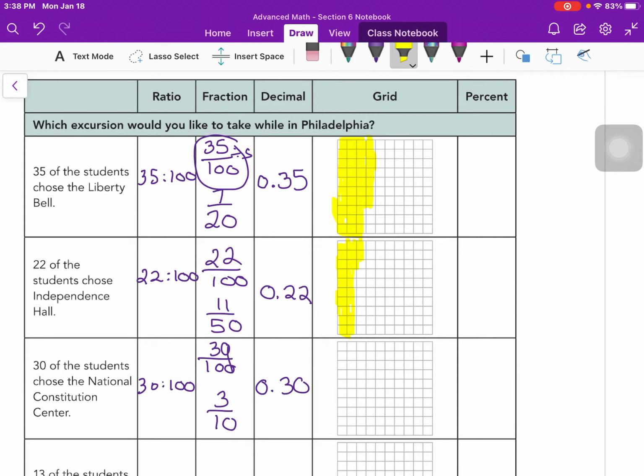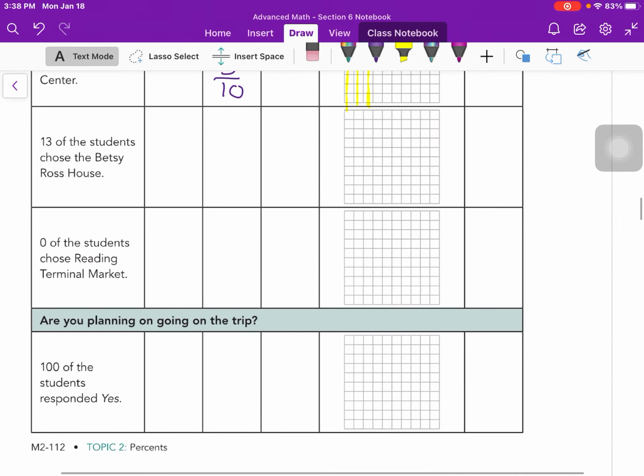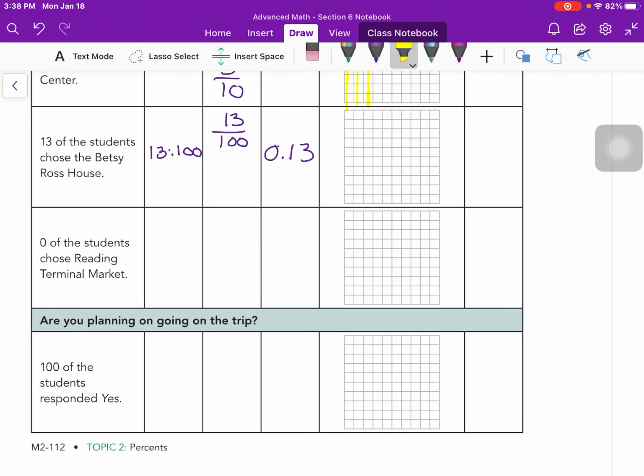And then again, to do 30, I'm going to do 3 columns. 13 of the students chose Betsy Ross House, so that's 13 to 100, and that's already simplified, 13/100ths, and 13 would be 1 whole row and 3.